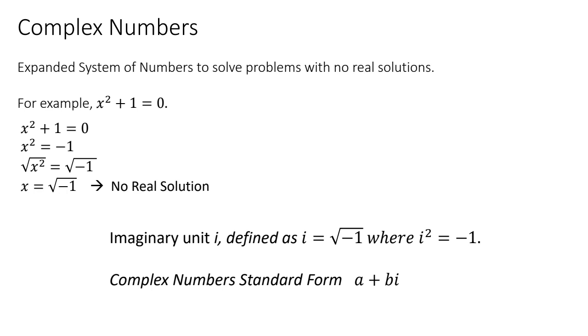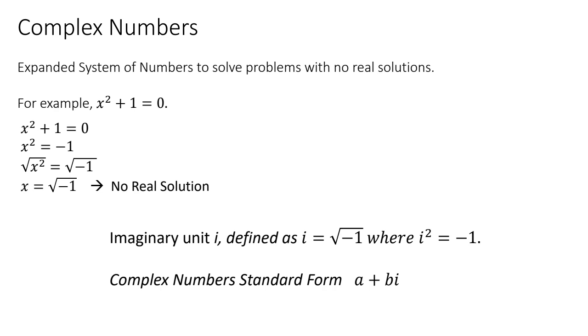And a good thing to know is that i squared is going to give me -1. If I have the square root of -1 and I square it, the exponent cancels the root, and it's just going to give me that -1. So this is going to be useful information later on, okay?